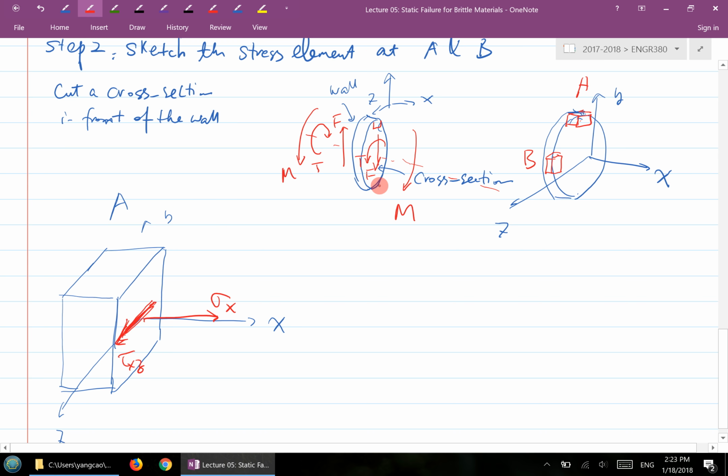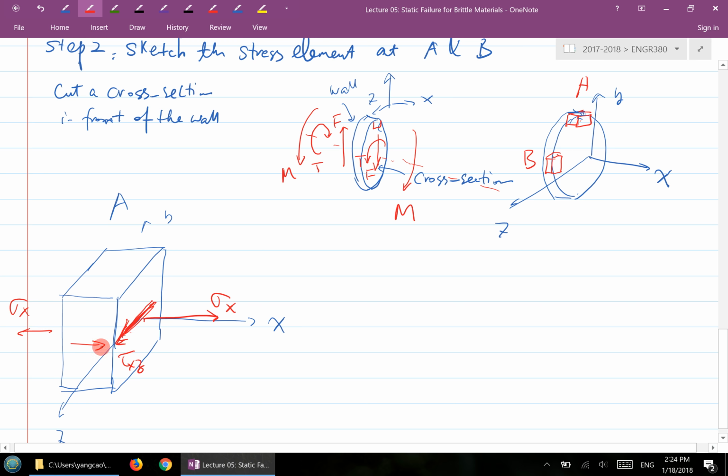And then you should try to balance out this thing here. To balance this whole thing out on this side, you will have a sigma x pointing this way, and for the shear stress due to the torque, you have a direction in this direction here.